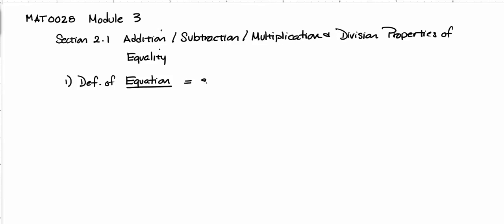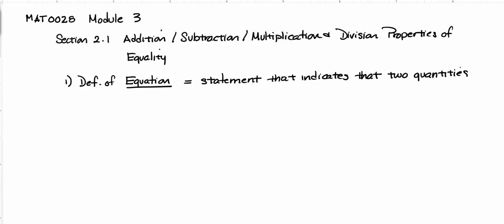An equation is a statement that indicates that two quantities are equal. It means that it has an equal sign.